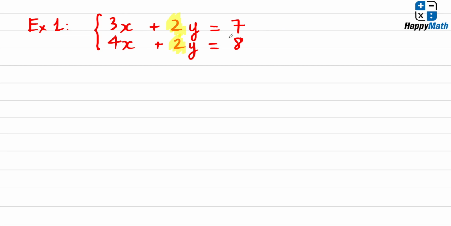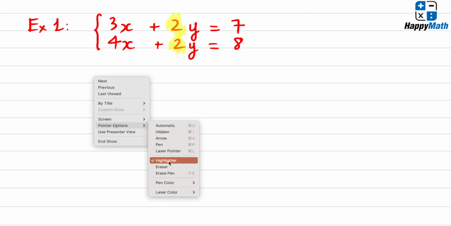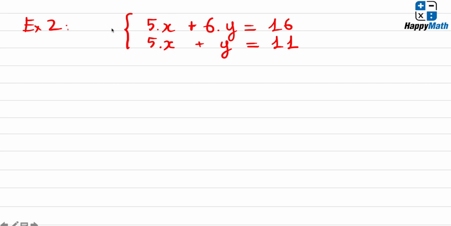After you have the coefficient of x or coefficient of y in these two equations equal, you will take subtract or add the two equations. What does that mean? It means you will take subtract of the left hand side of the equation.